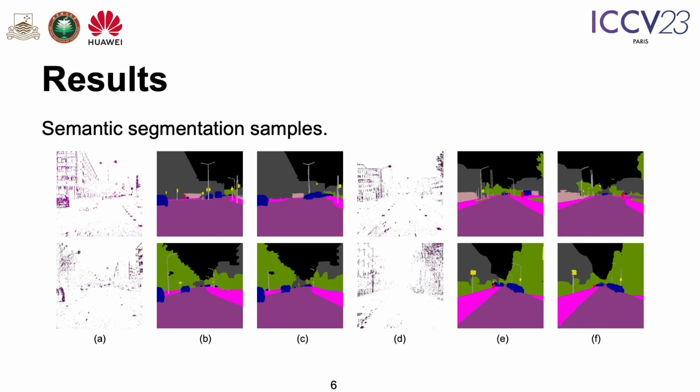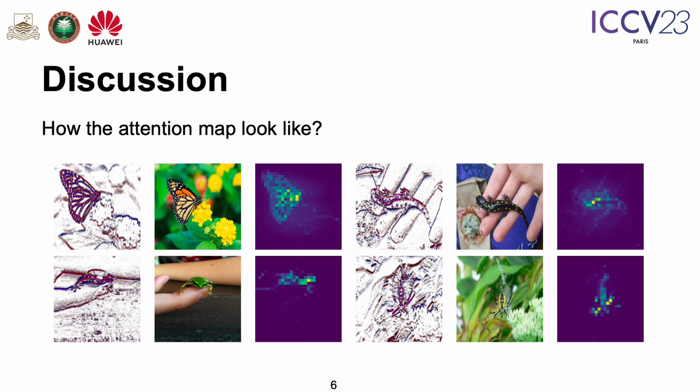Here are semantic segmentation prediction examples of our method on the DSEC dataset. We visualize attention maps of our pre-trained model, showing that our pre-trained model successfully focuses on semantically meaningful objects on the noisy event images.